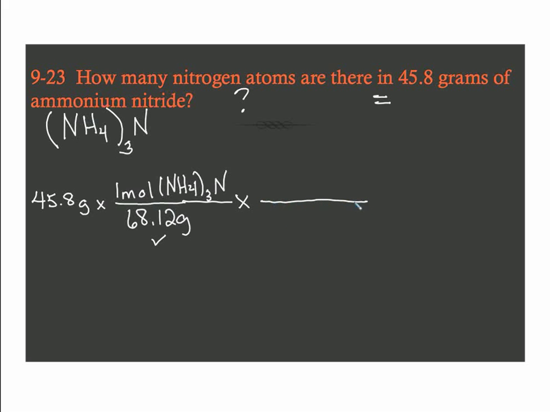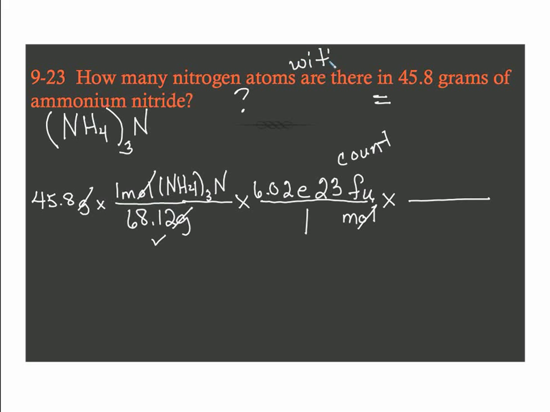Now, if you look at your map, I can go from moles to formula units. So grams have canceled. I want to eliminate moles and go to formula units. A formula unit is a count, so I get to use Avogadro's number, 6.02 times 10 to the 23rd. Now the question said, how many atoms are there within? Don't use Avogadro's number when you're doing atoms within.